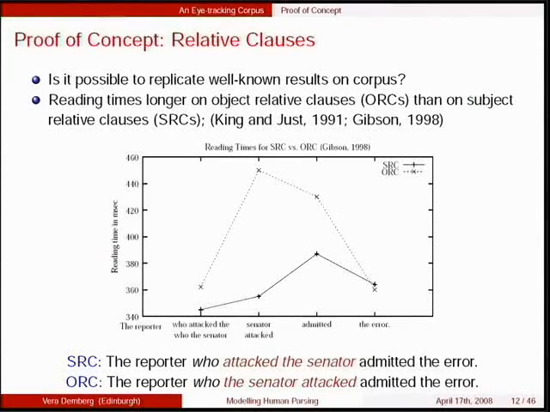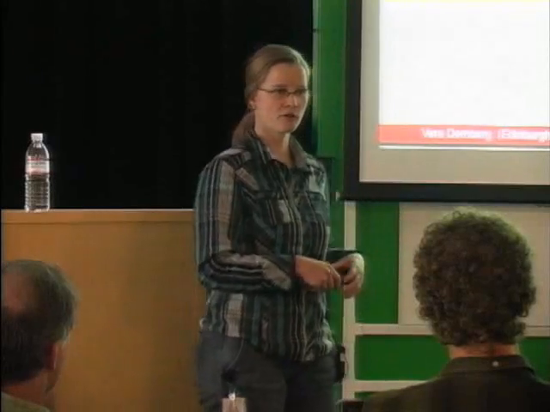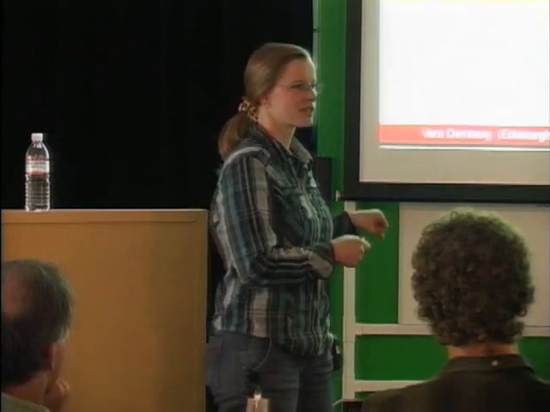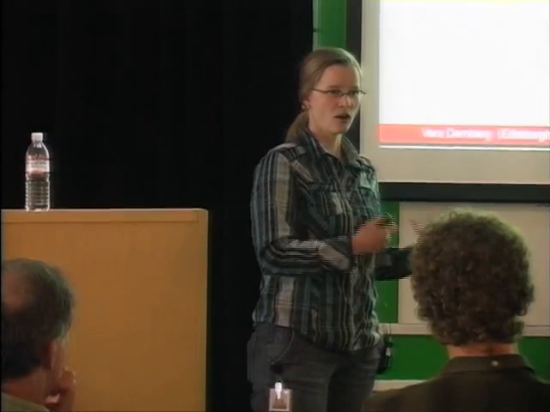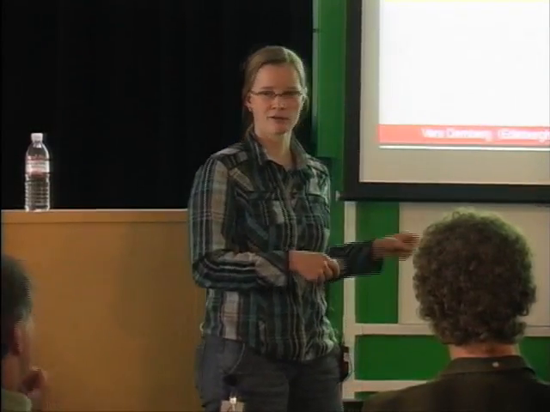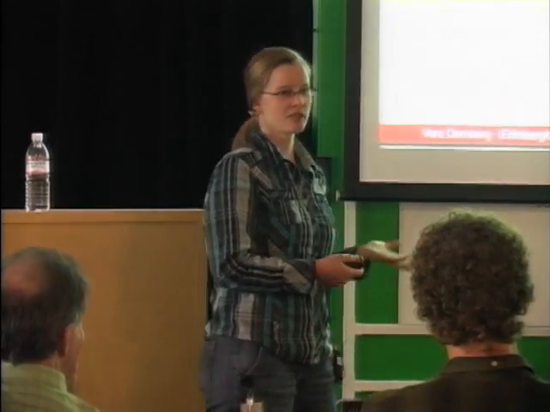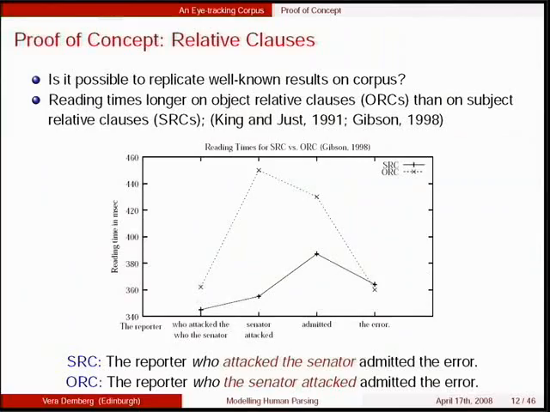Okay, so there's a lot of consensus there, and I said, okay, if we can find in the relative clauses of this corpus the same pattern, and our regression methods are powerful enough to find this pattern in the data, then that's some evidence. Of course, not a proof, right? But there's some evidence that maybe this corpus is a useful additional resource that we can use to find our results.